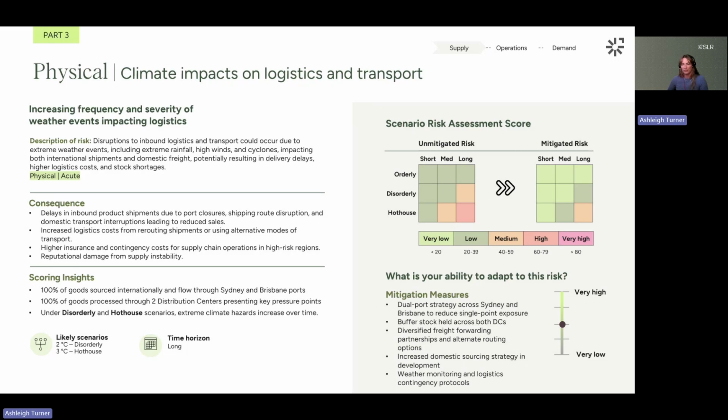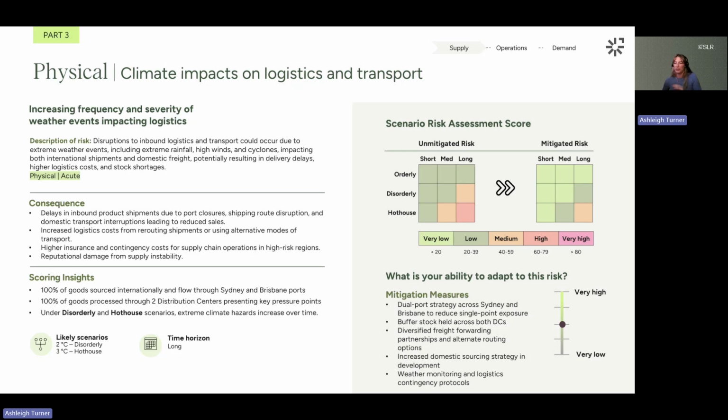In the long term, under those pathways, we're looking at recurring downtime at key ports, road flooding and access routes disrupted, for example. And then we've got the mitigated score, which is reflecting those existing mitigation measures. So things like buffer stock, having dual ports, having a domestic sourcing strategy under development in this example.